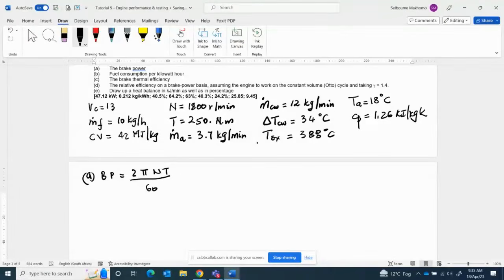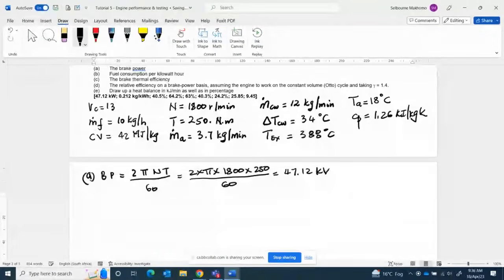I think this one is straightforward, where we say 2 times pi times N, which is 1,800, times torque, where is torque? 250, divided by 60. And the answer is 47.12 kilowatts. This one is very straightforward.